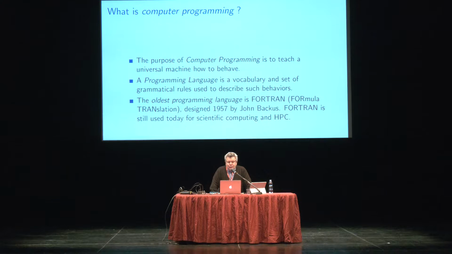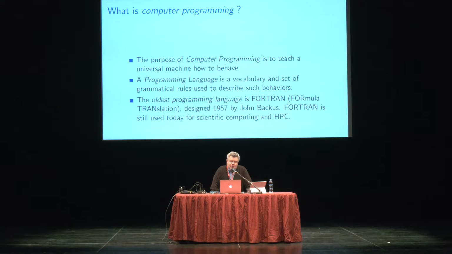So computer programming is essentially teaching a universal machine how to behave, and for that purpose you need a programming language, which is a vocabulary and a set of grammatical rules, so to speak, to describe such behaviors. The oldest programming language, which is still in use, is Fortran, Formula Translation, and it was designed in '75 by John Backus.